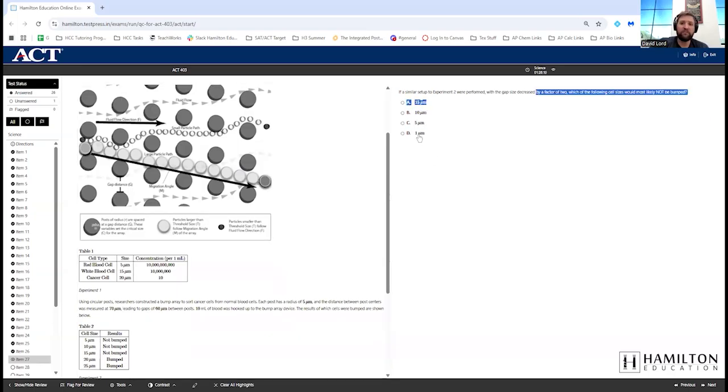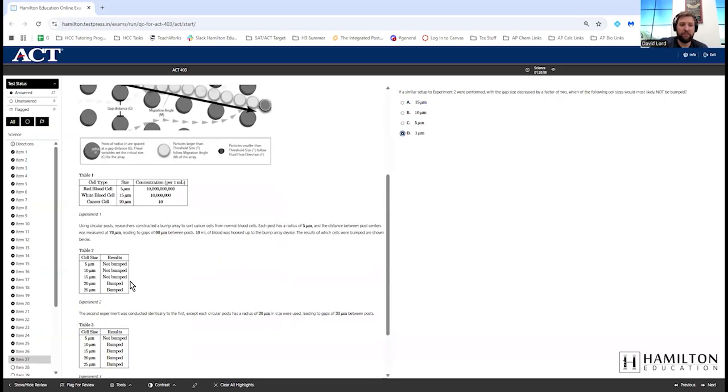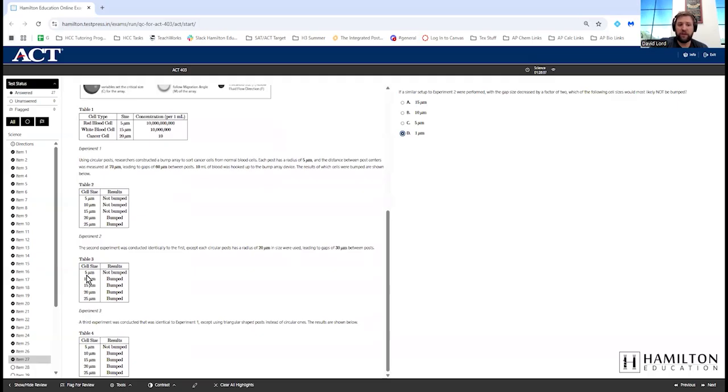I'd probably pick the smallest one, just by the bare minimum. Here, if the gap cell size is 5 and was not bumped, if you decrease the gap between them, make the poles closer together, that seems it's more likely to be bumped. But comparing 5 versus 1, I'd pick 1. So it's kind of an interesting question, but definitely pick the smallest.